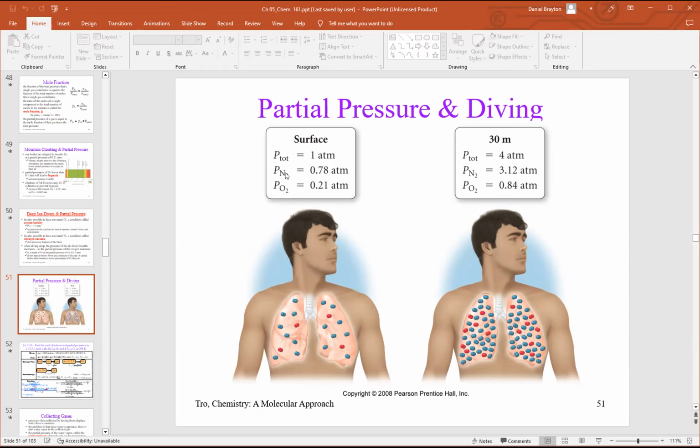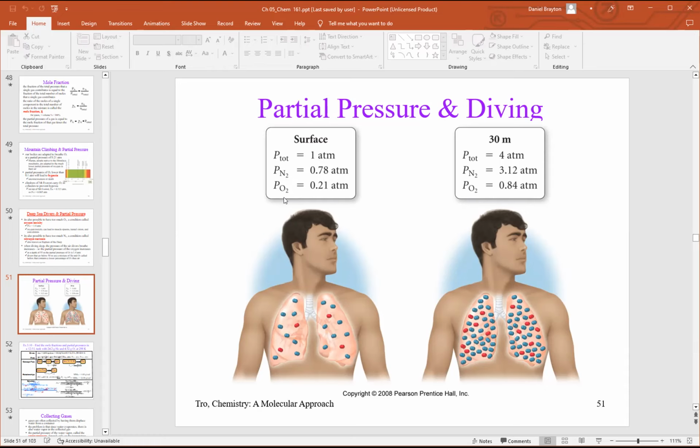So the individual partial pressures just go up or down depending on what the total is. At sea level, it's 1 atmosphere, but as you go up, the total drops and the individual ones drop at the same ratio. The mole fraction stays the same regardless of whether you're at sea level or on top of Mount Everest. It's only the total that changes. But when you multiply that by the mole fraction, you get the individual pressures.